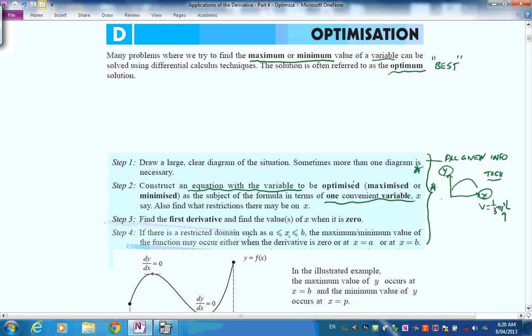And of course you do need a single variable in a calculus approach. So this is technology, but if you use the calculus, you want to put the derivative equal to naught. You again don't want two variables in there. You want just a y and x type situation. So here you might have V and h might be twice the radius or something.